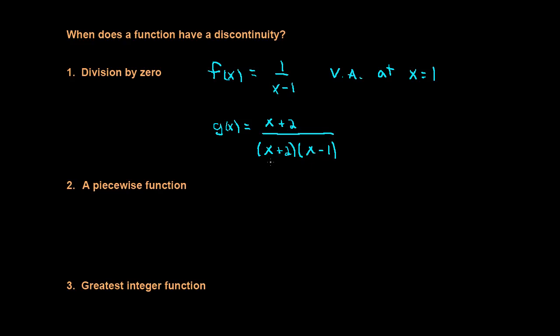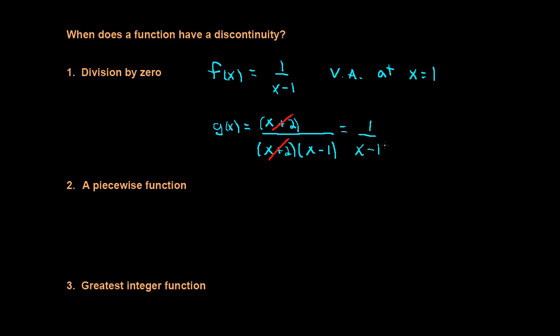Now, before you jump right to say that we have two vertical asymptotes here, I want you to notice that this x plus 2 up here can actually reduce with the x plus 2 down below. This is how I remember what a removable discontinuity is. If I simplify this function, I get a new function.